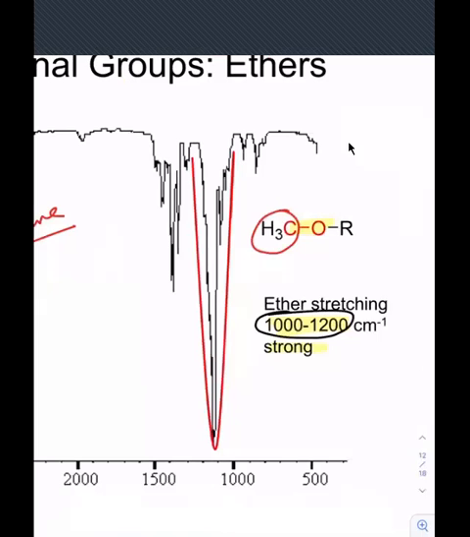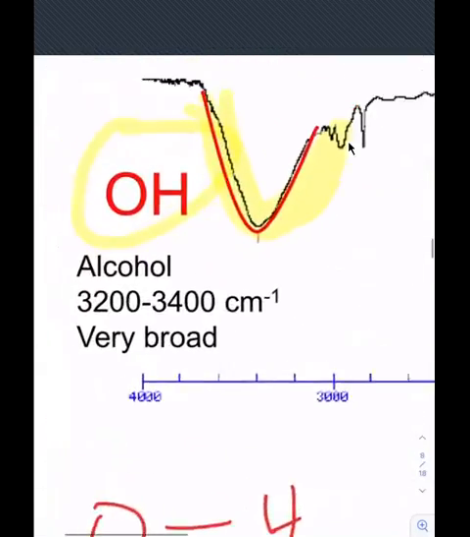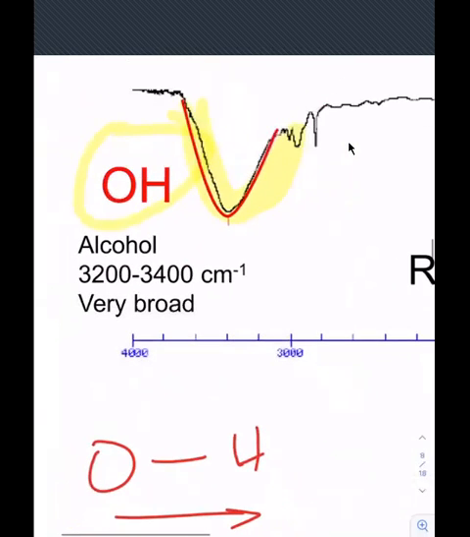That's the bond that's highlighted between carbon and oxygen. And then your alcohol stretch, that was the first one we did, is right here, between 3200 and 3400. And we didn't have the visual, but it's always this big broad stretch. But the number is always in this range right here, somewhere between 3200, 3500, somewhere in that range.